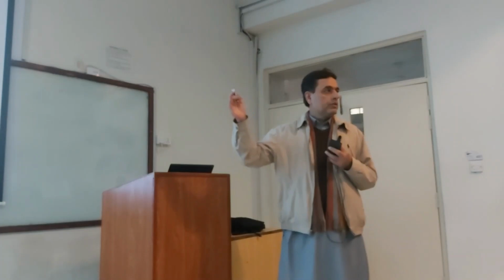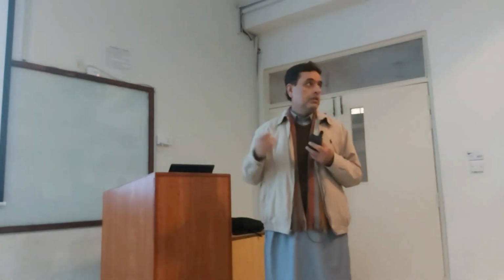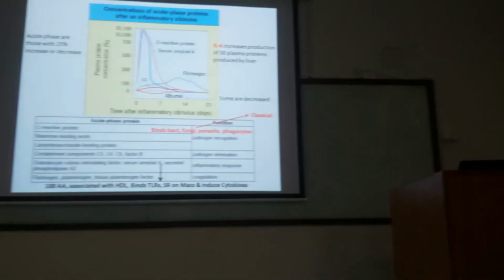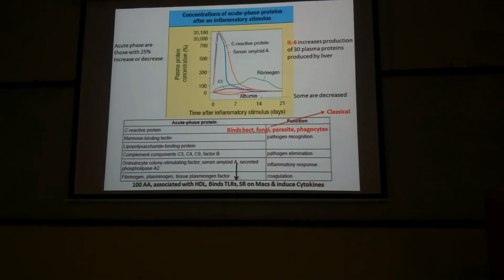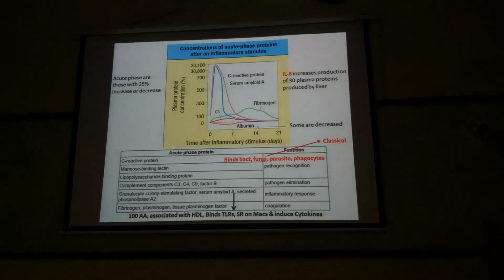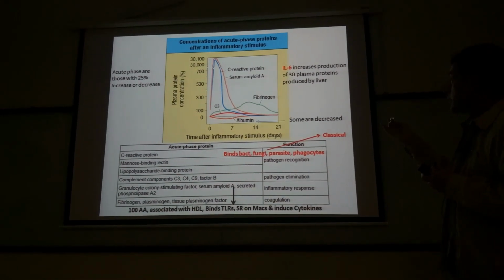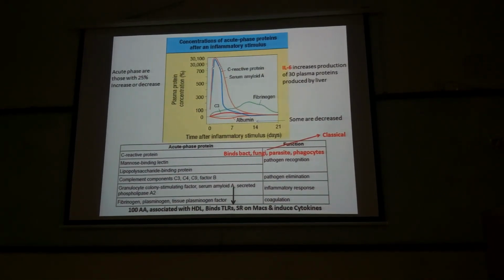Okay? The same cytokine which is going to cause hyperthermia or increase in the body temperature if it affects the hypothalamus or cells of your muscles or fat. This cytokine is going to affect the liver to synthesize these 30 plasma proteins.